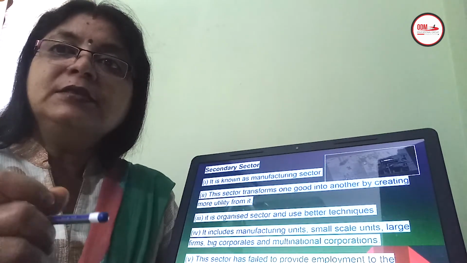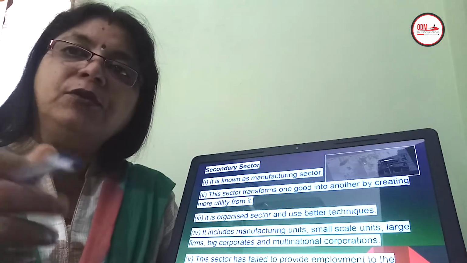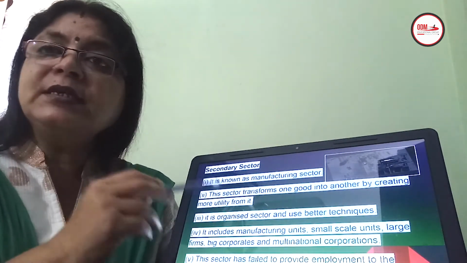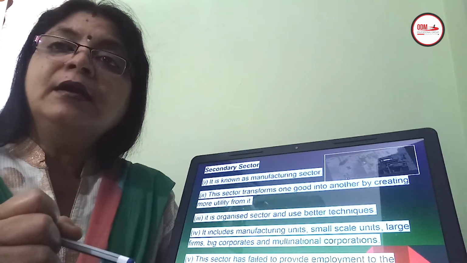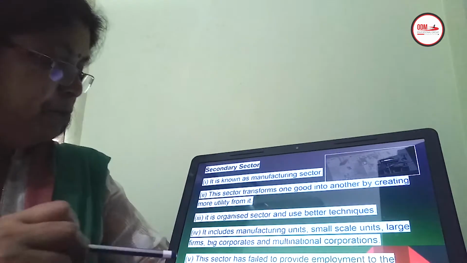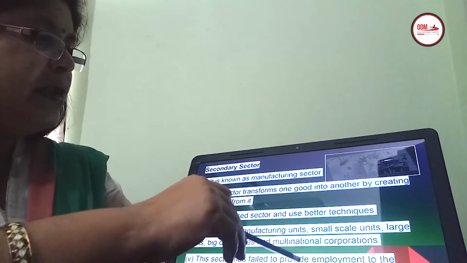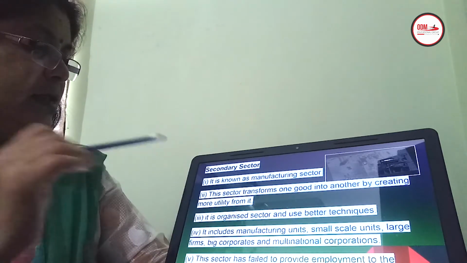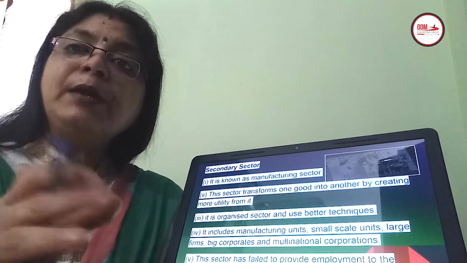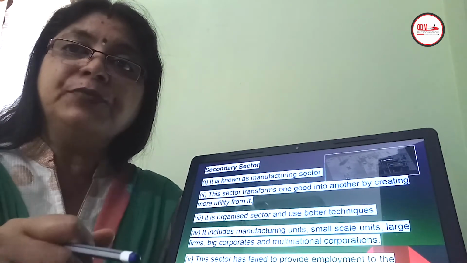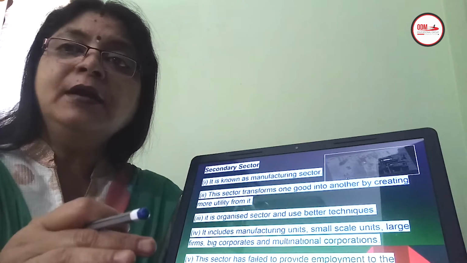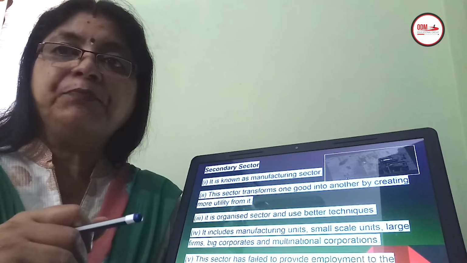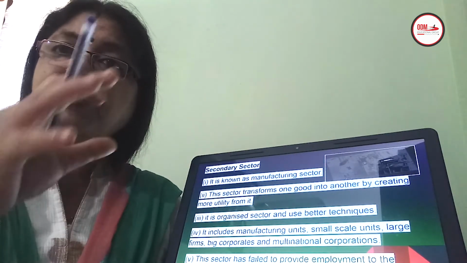From iron ore, iron rod is made. These are examples of the secondary sector, also known as the industrial sector. This sector has failed to provide employment to the surplus workers of the primary sector. That means we are not so industrially developed as to absorb the surplus workers of the primary sector. For this reason, maximum people depend upon the primary sector.